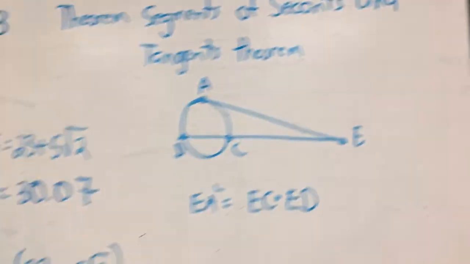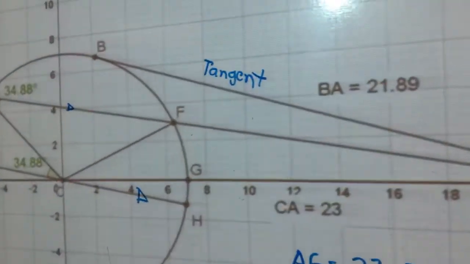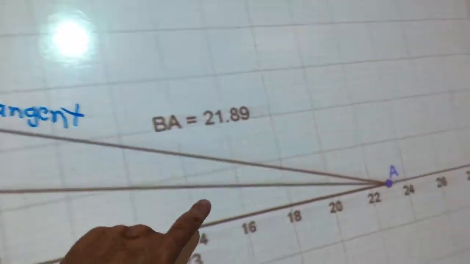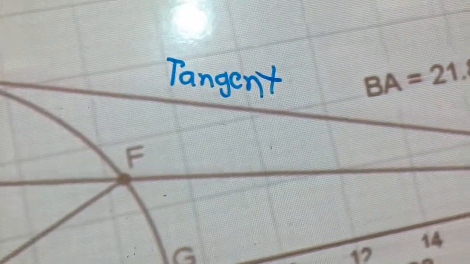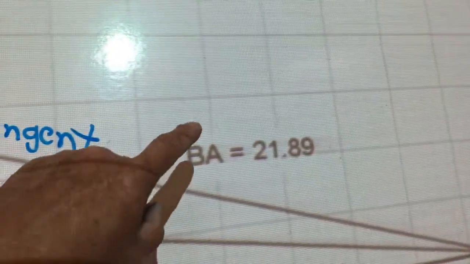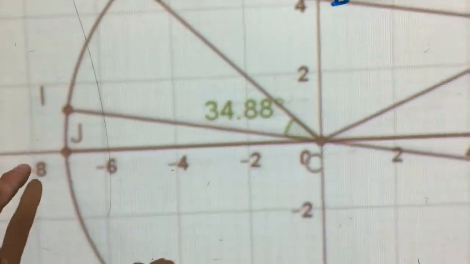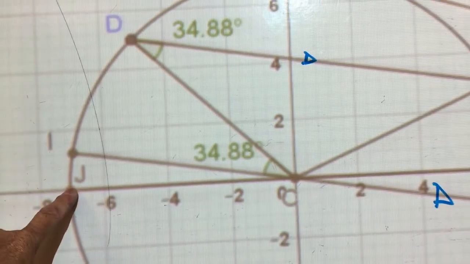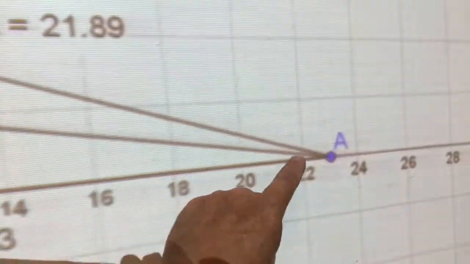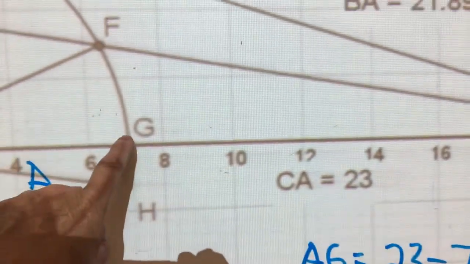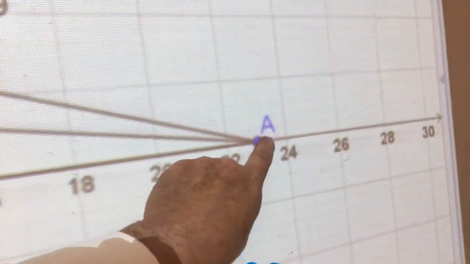How does that relate to our problem? This says that AB squared, I already have the answer up here, by the way, is equal to this whole length from J all the way to A, times G to A.